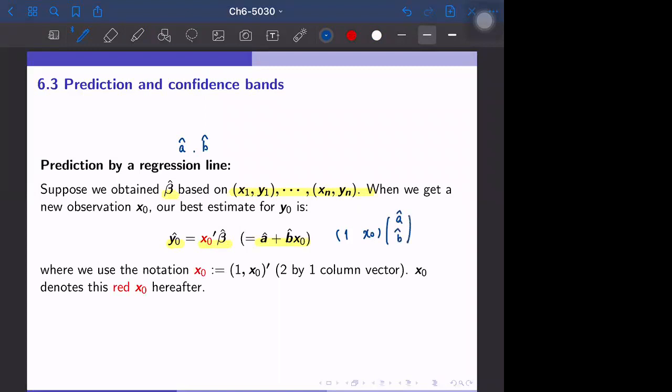So this is exactly the beta hat, the second matrix. But to calculate this kind of expected value, we always have to use the vector (1, x0). So this is sometimes not convenient. So in this section, we use the notation x0 is equal to (1, x0) transpose. So this is the notation here.